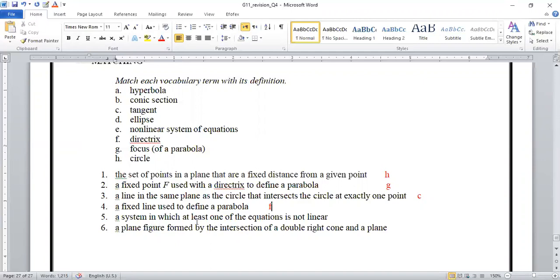A system in which at least one of the equations is nonlinear is a nonlinear system of equations, number E. Number 6. A plane figure formed by the intersection of a double right cone and a plane is a conic section, B.